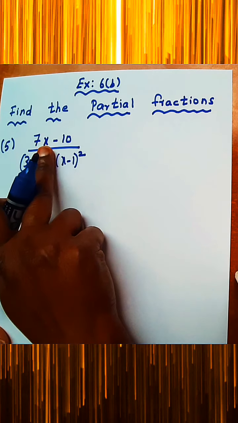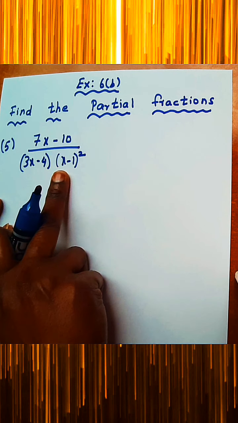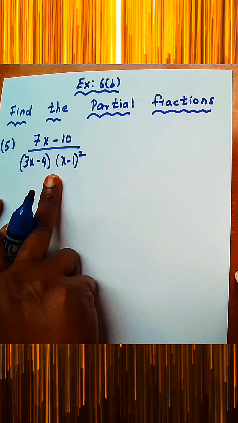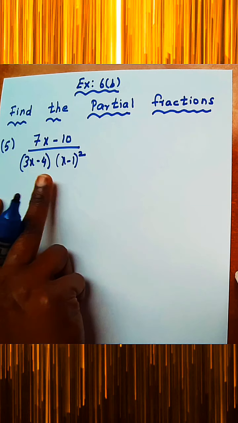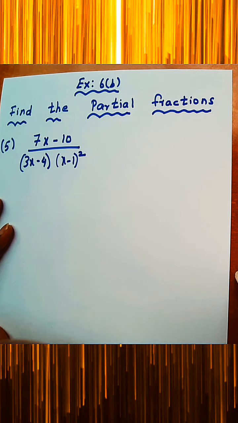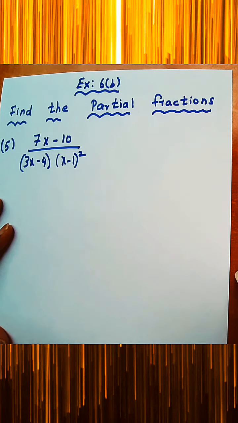The numerator power is 1, and in the denominator, x times x square gives x cube, so the denominator power is 3. It is a proper fraction, because the degree of the numerator is less than the degree of the denominator. We can resolve into partial fractions.